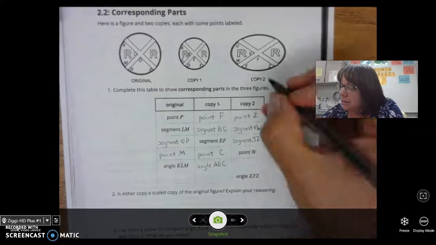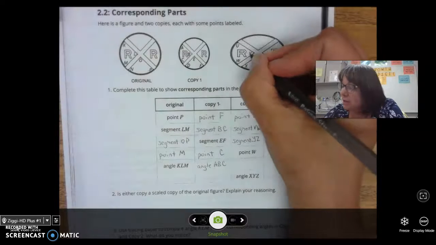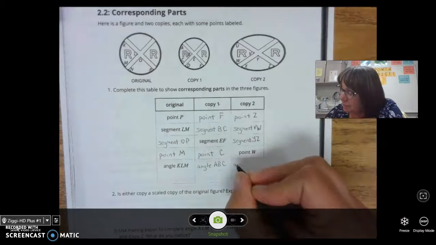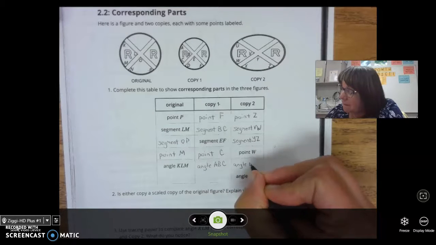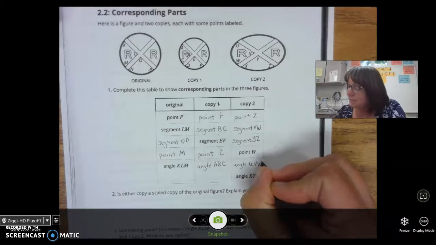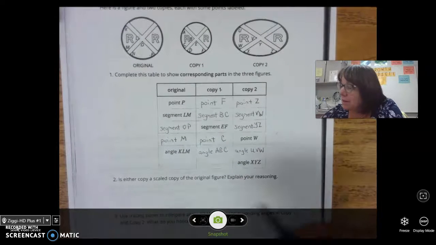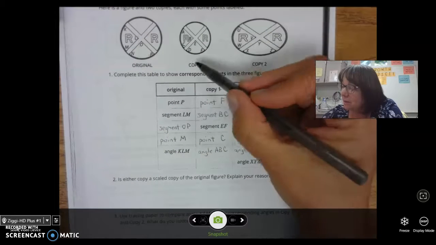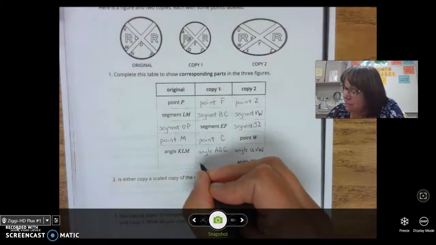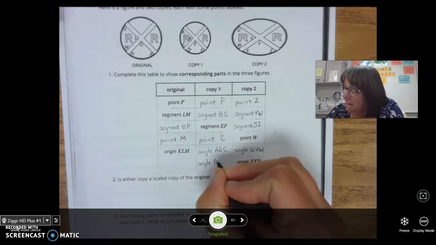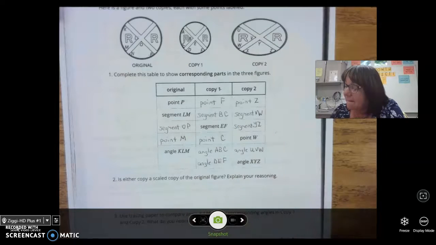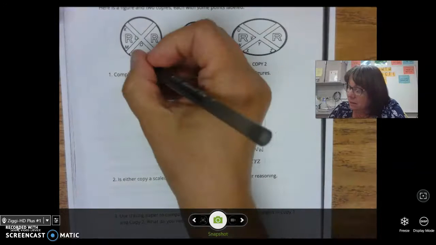So then I go to the next one, and it would be angle UVW. And on the last one, it says angle XYZ, so it'd be angle DEF. And angle NOP.